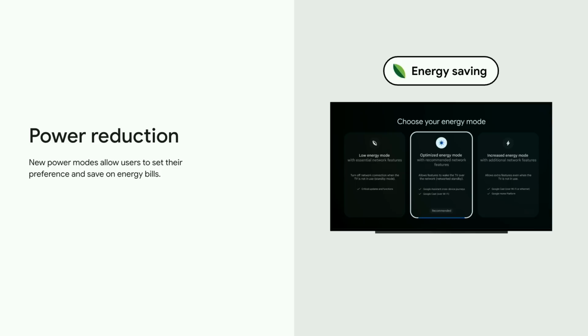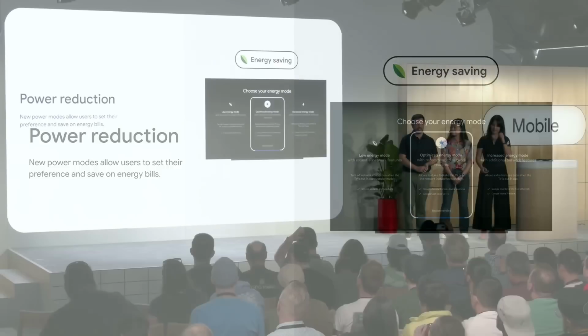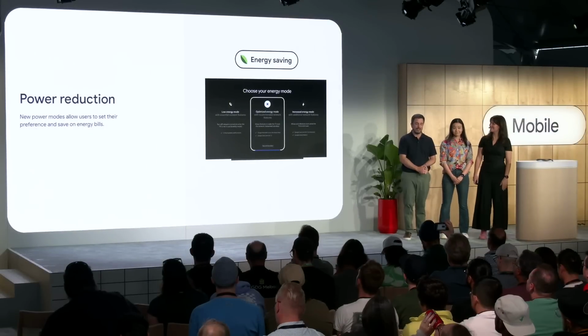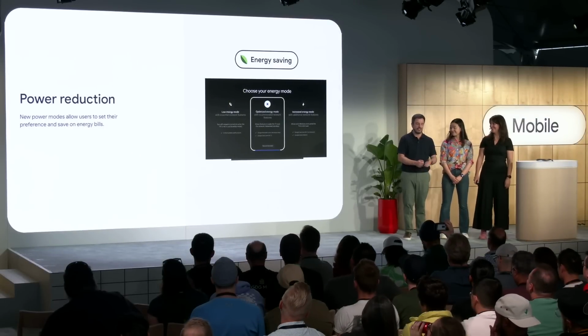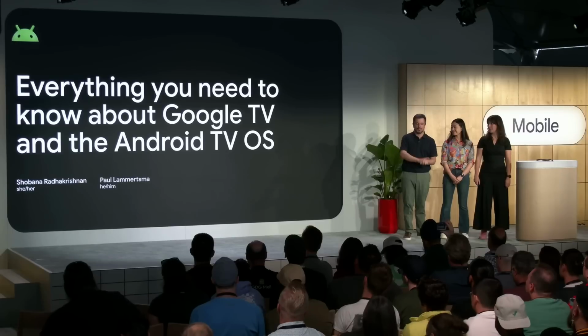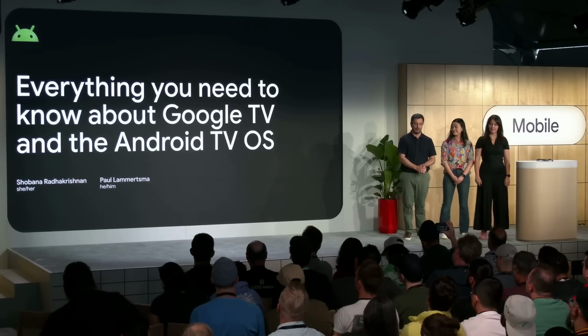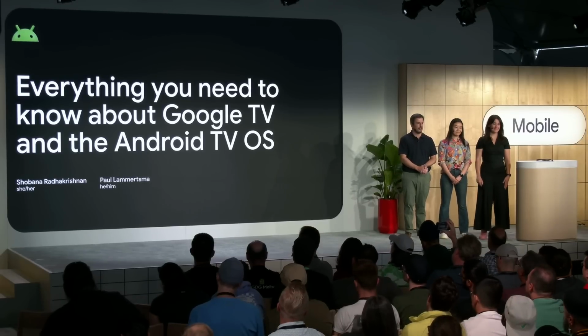And third, there are new modes to optimize for power consumption. Make sure that your app is correctly integrating with media sessions so that you can react to these power state changes. After all, you don't want your app to keep playing when the user switches off the screen or just changes input modes. For more information, check out the Everything You Need to Know about Google TV and Android TV OS talk.